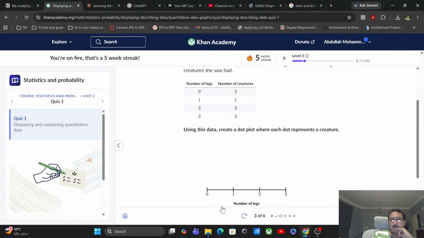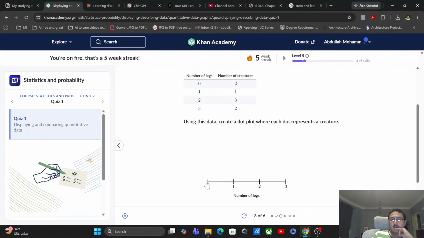So 0, 2, and I got 1, 1, and I got 2 legs, 3 creatures, and I got 3, 2 creatures.